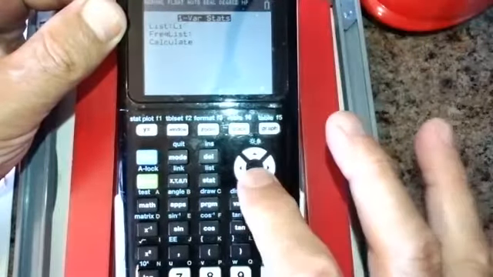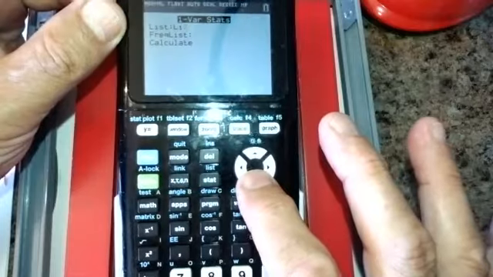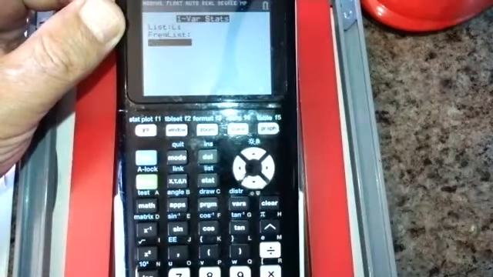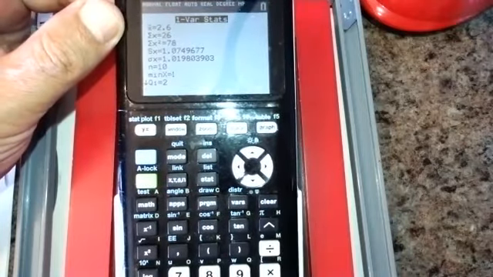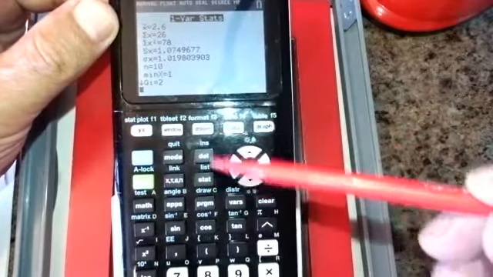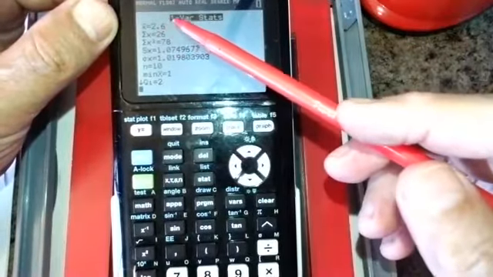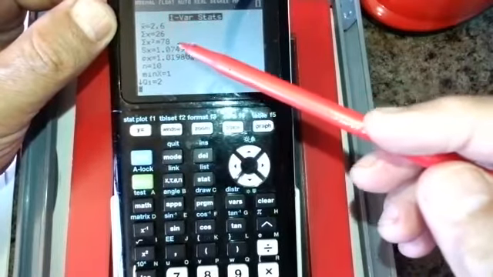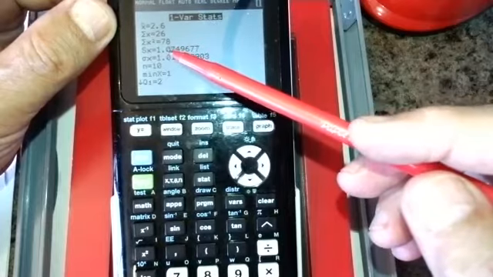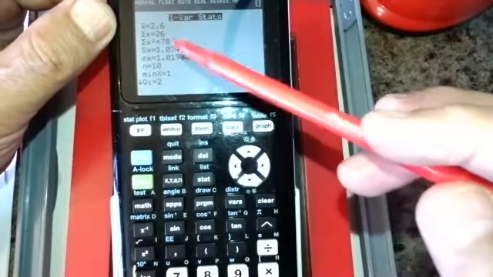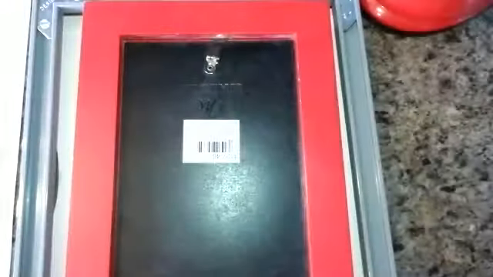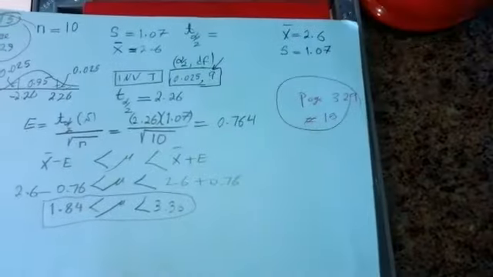That's all I need, put my L1 there, calculate. It gives you the mean. Mean is 2.6 and Sx is 1.07. We normally use this one. 2.6, 1.07. See?